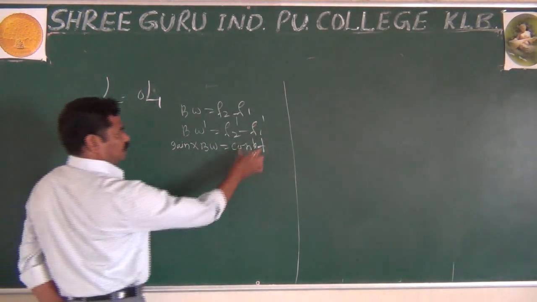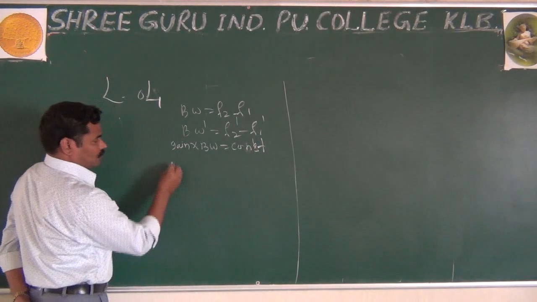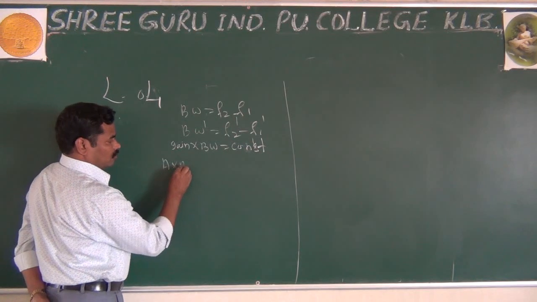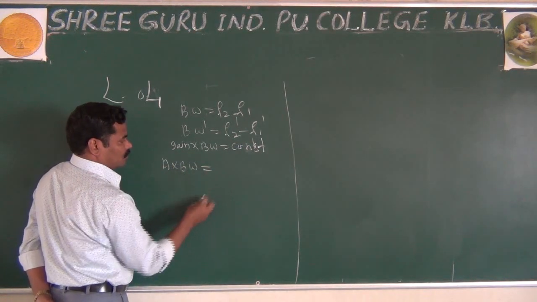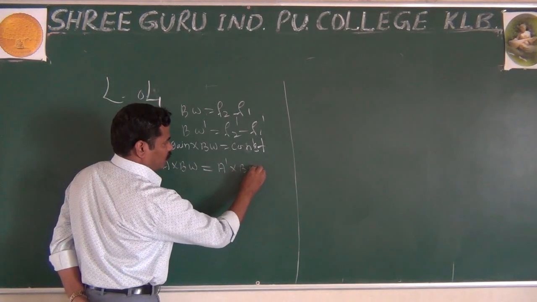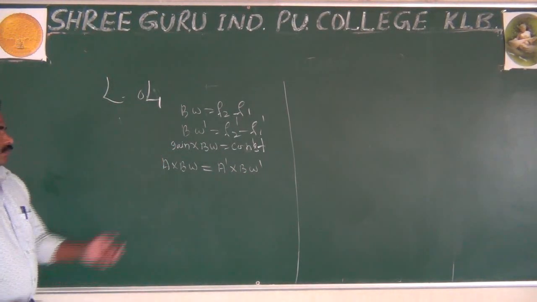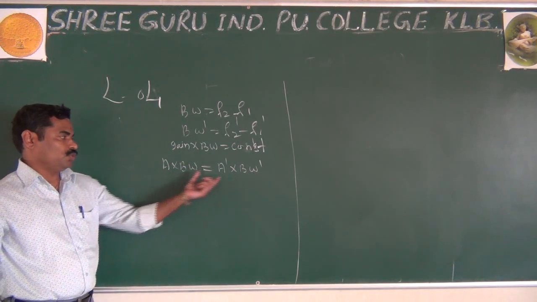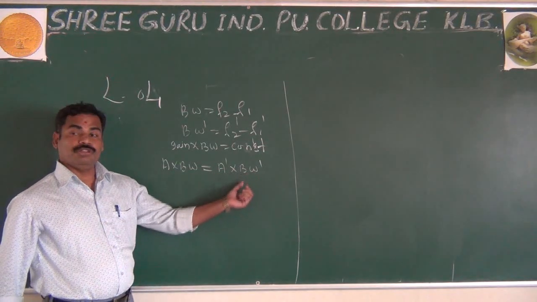As we know, the gain and bandwidth product without feedback is equal to the gain and bandwidth product with feedback.